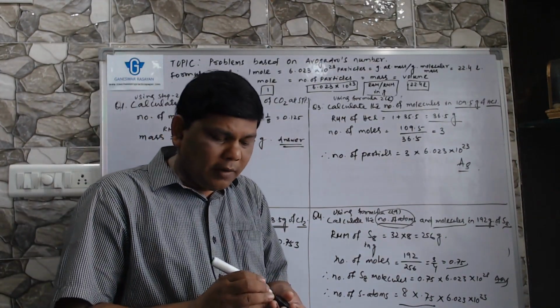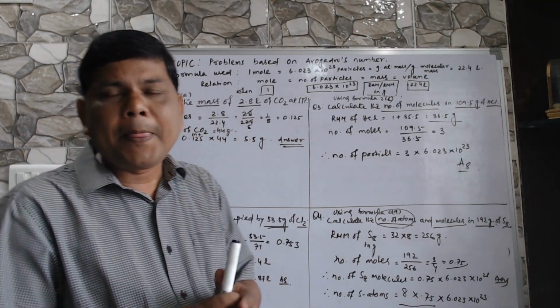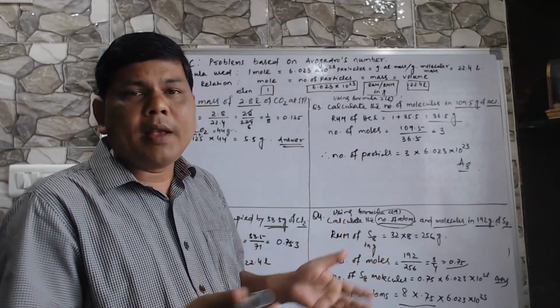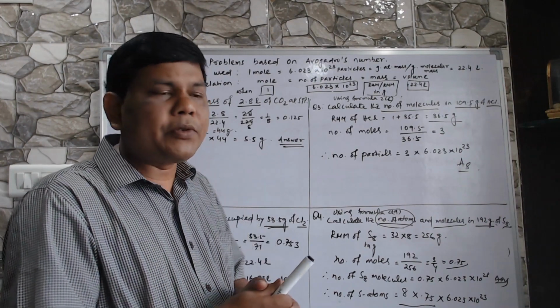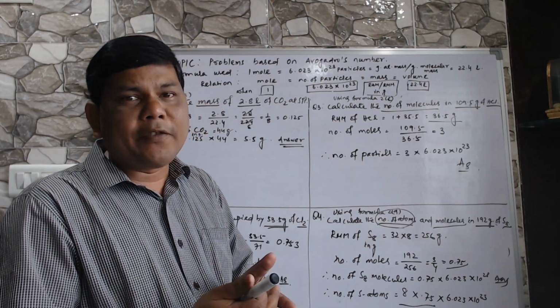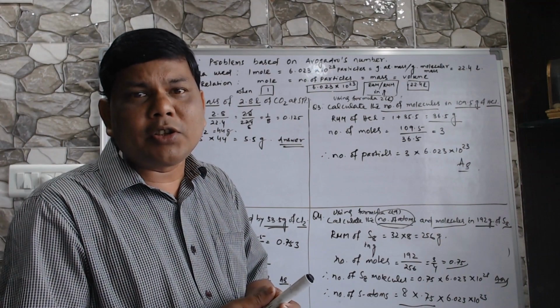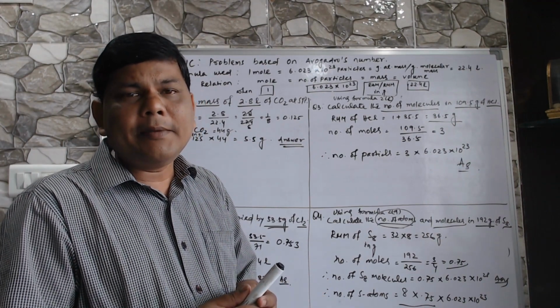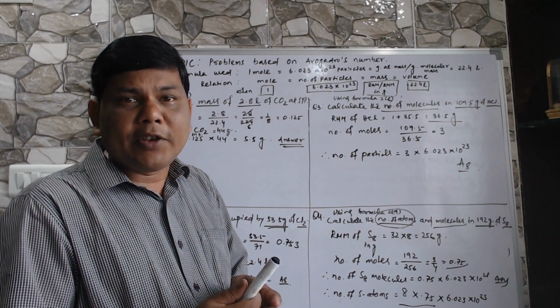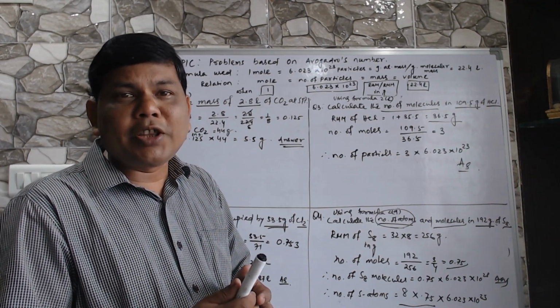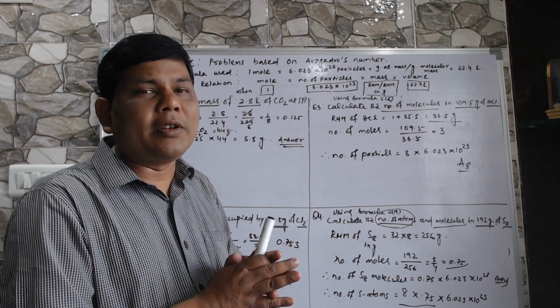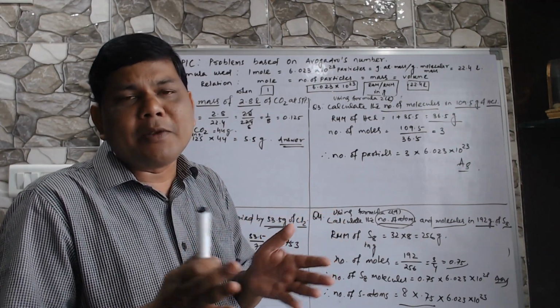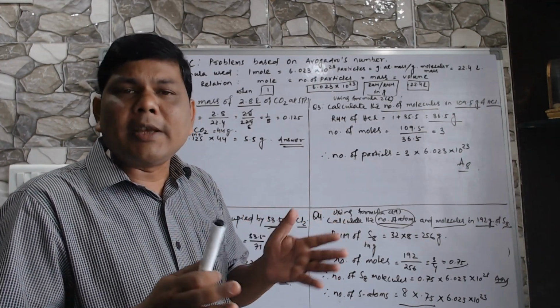This way you have to solve stoichiometry, Avogadro's number problems. So you can finish the last 15 years of ICSE papers related to this particular area, and if you are facing any troubles, see that you are missing something in the procedure. The procedure I said is very simple, a 2 steps procedure.